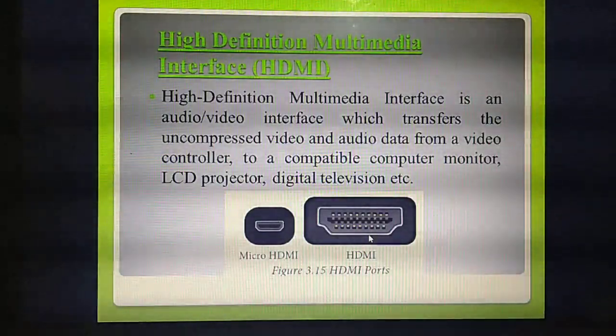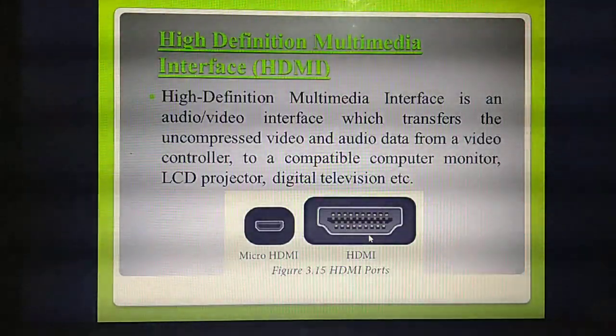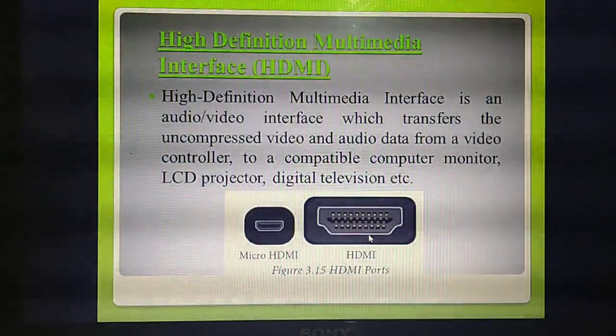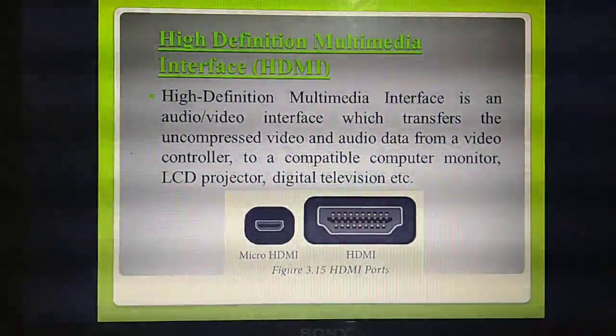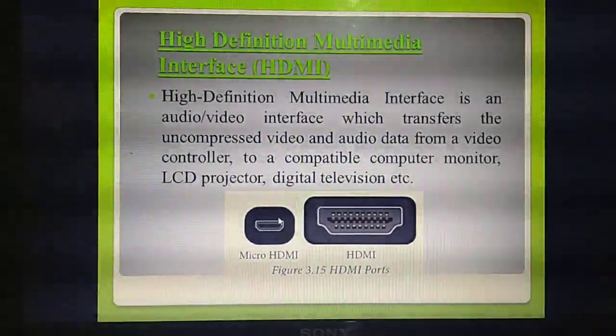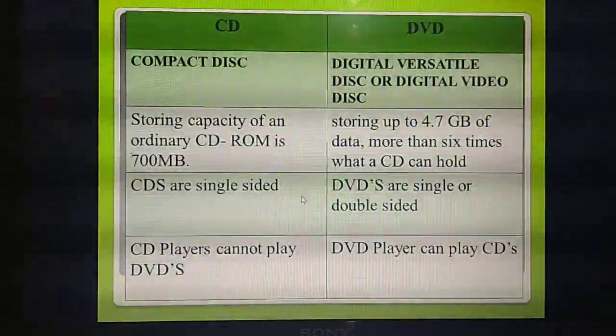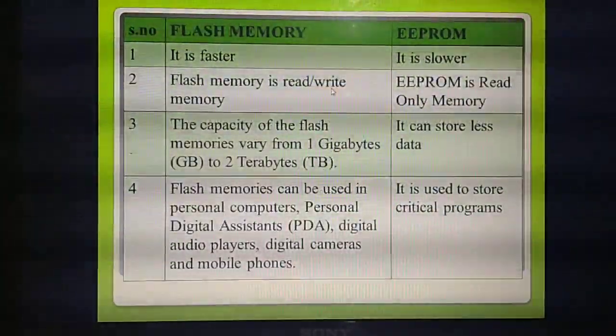If you are not pressing the kerchiefs, they will rise above the hand. That is uncompressed. Likewise, there is no need to compress the video; directly you can send it to the computer, LCD projector or television using this port. Understand?